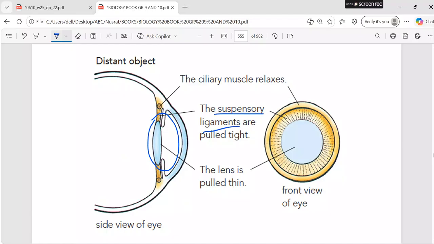I'm not going into so much detail, otherwise we'll be delayed with other multiple choice questions. But anyways, I would advise you that you should revisit the topic. So when you are seeing a distant object, your lens becomes thin.